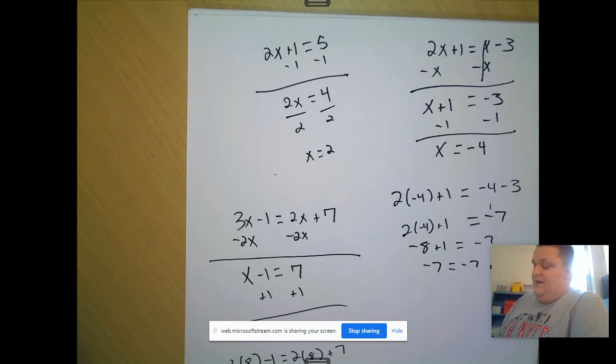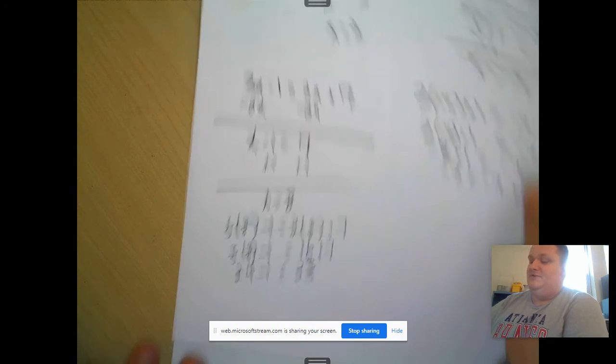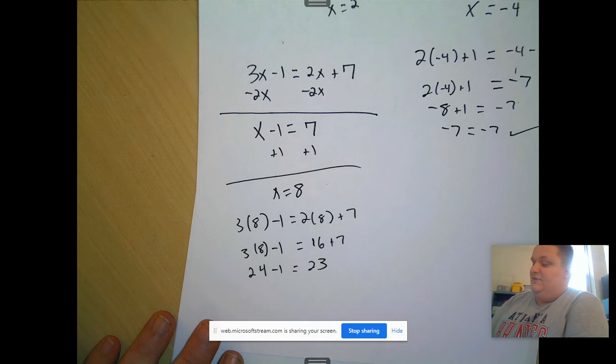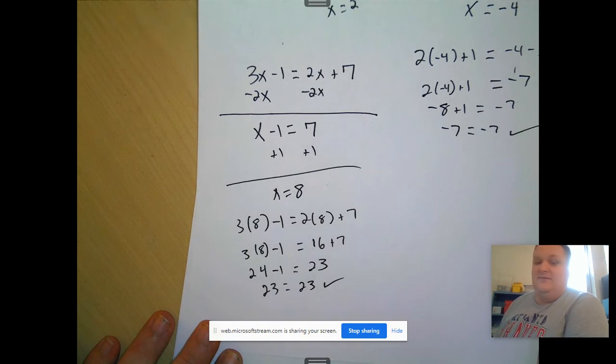Let me move this so you can see what I'm doing. 24 minus 1 equals 23. 23 equals 23. That is correct.